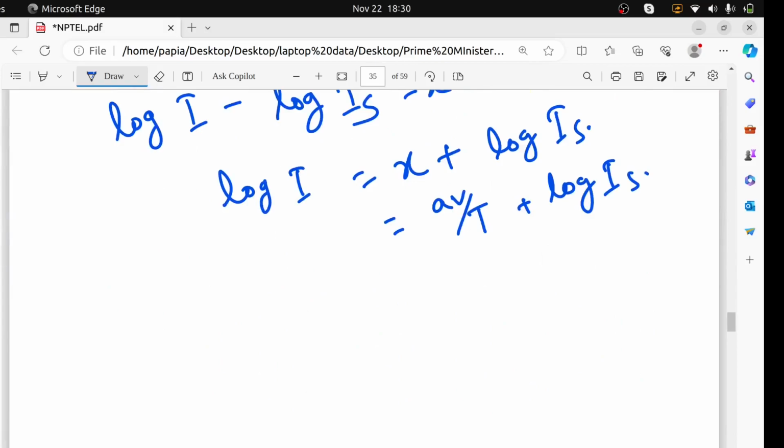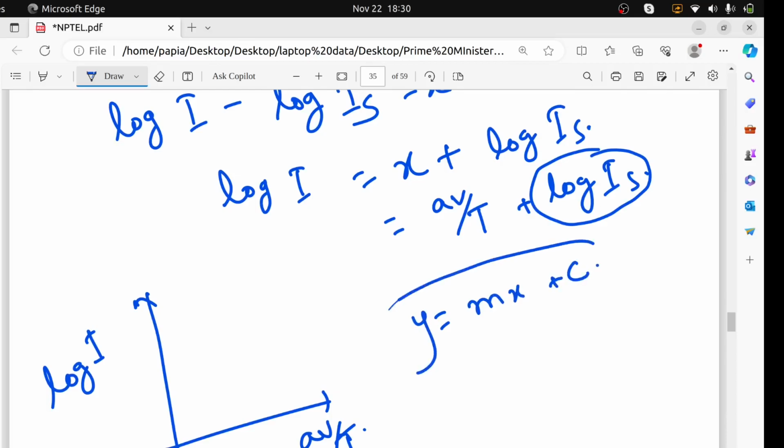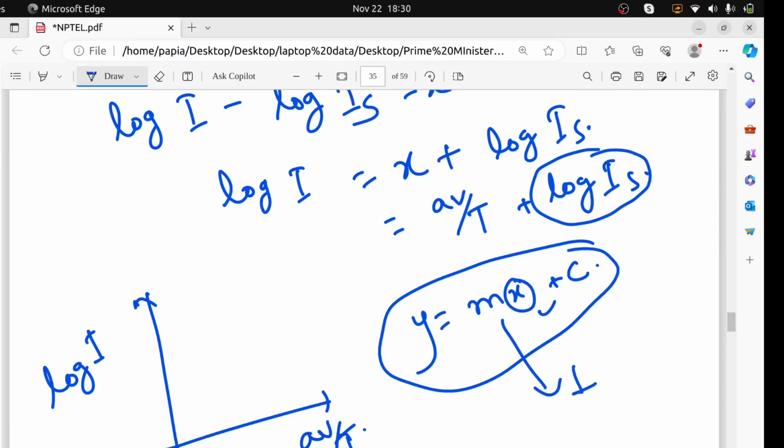Now you can see that our plot was log of I versus AV by T. That is nothing but mx plus c. So our slope is 1, our x is this one, and c is log Is, right?